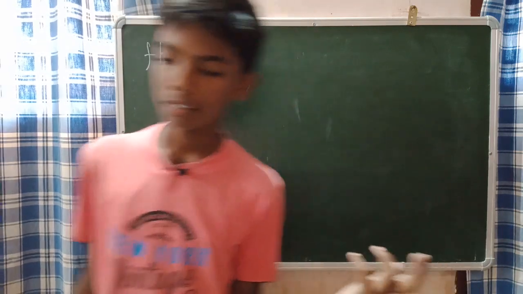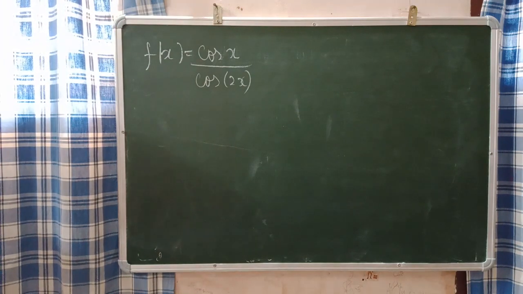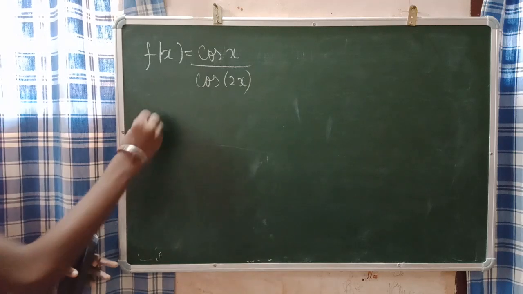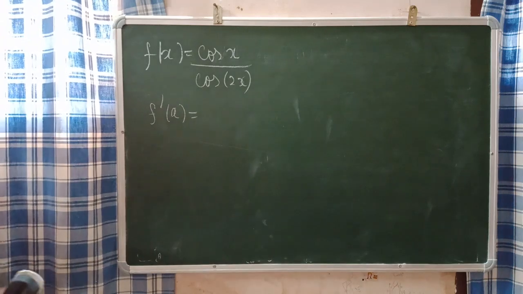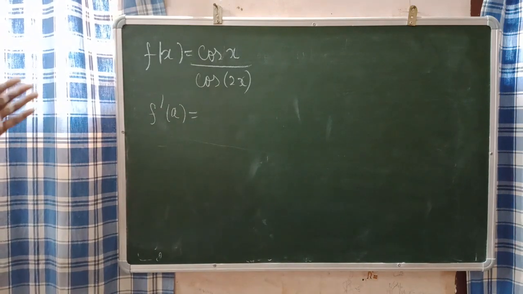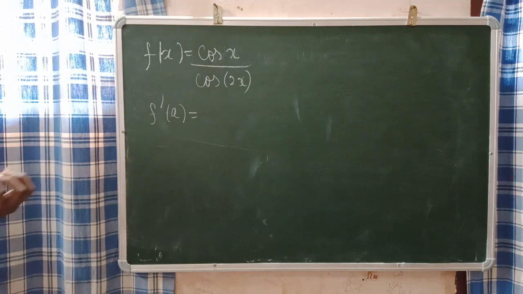That is very important. So whenever they ask this question, what you people will do first is find f dash of x. So when I find f dash of x, what will be f dash of x? Use your u by v rule. U by v rule means quotient. How will you find the quotient? By differentiating.